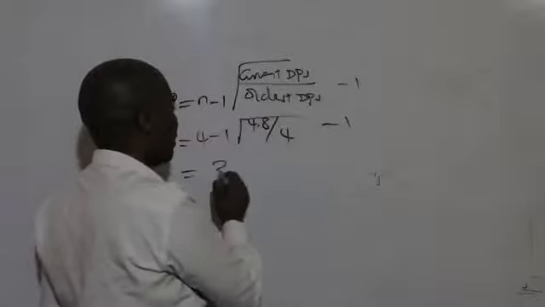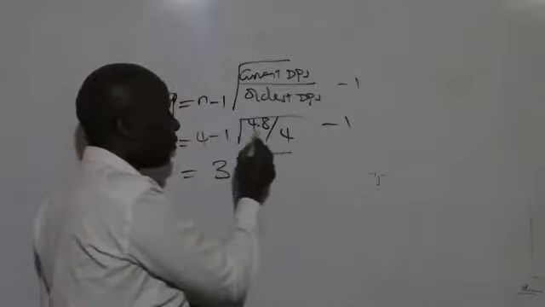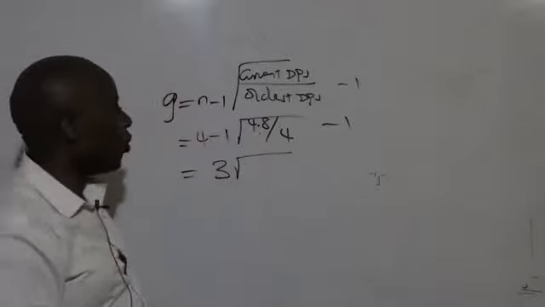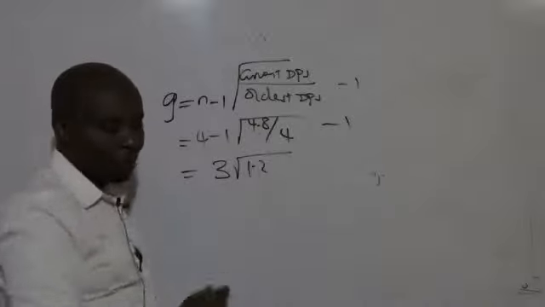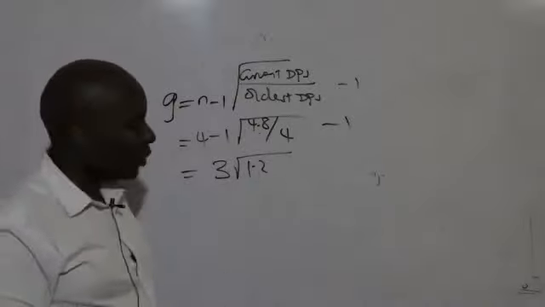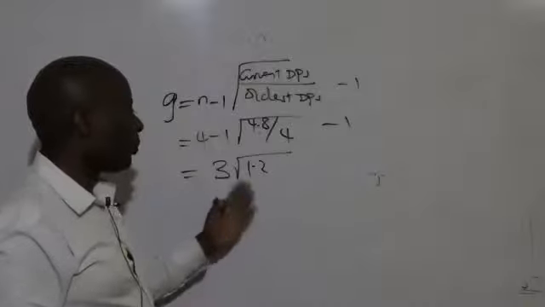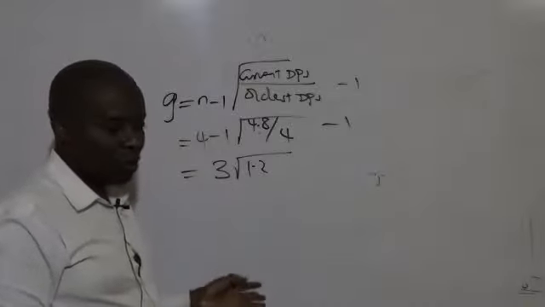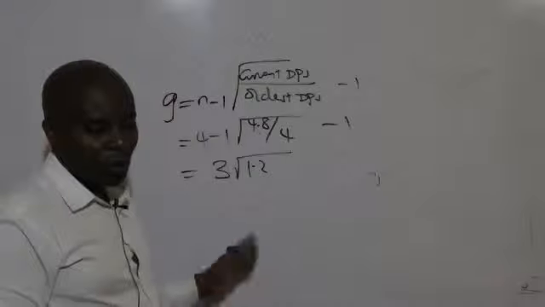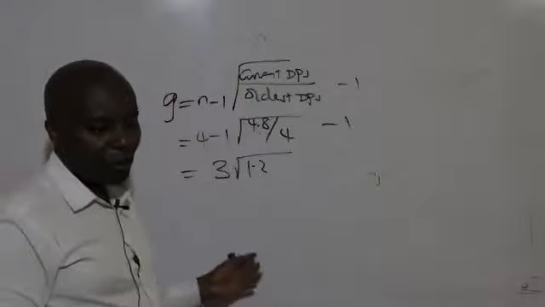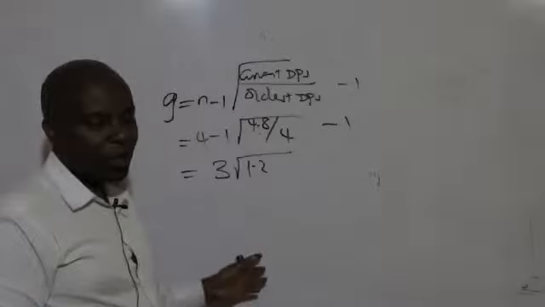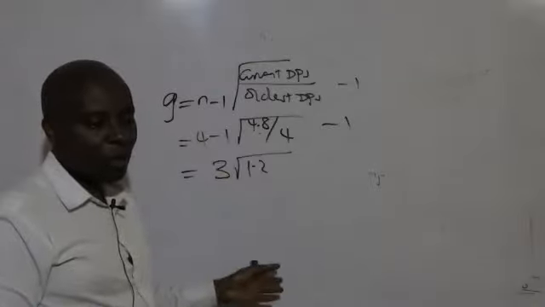So then this will be the cube root of, what is 4.8 divided by 4? That must be 1.2. So the cube root of 1.2. Whatever we get, we subtract 1.